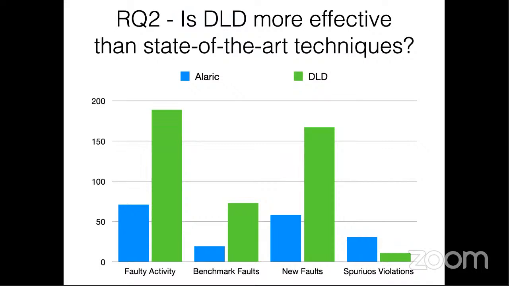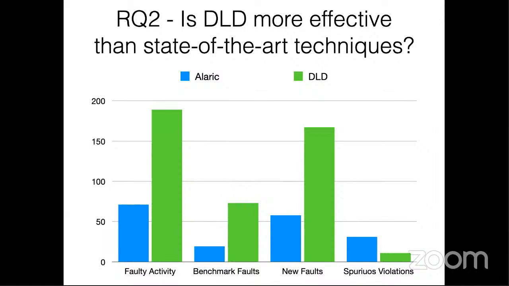In RQ2, we compared DLD with Alaric, which is a mostly random test case generation technique that, like DLD, uses double screen rotations to detect data loss bugs.